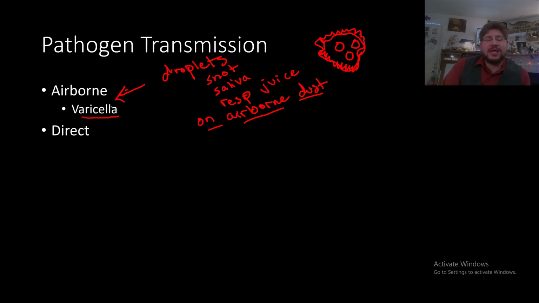Then you have direct contact transmission. This is when you have to have direct contact with infected fluids. So again, snot, saliva, blood is a big one, respiratory juices. You have to come into direct contact with their fluids.